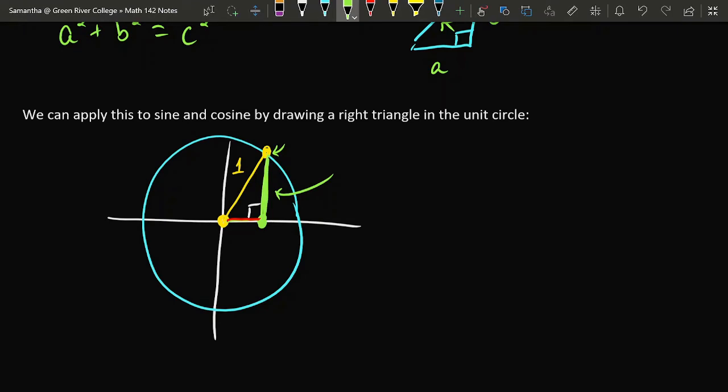So the vertical length of this triangle is going to be exactly the same thing as sine of whatever angle corresponds to this separation between positive x and the hypotenuse. Meanwhile, cosine, the x-coordinate, is the same thing as the horizontal leg.